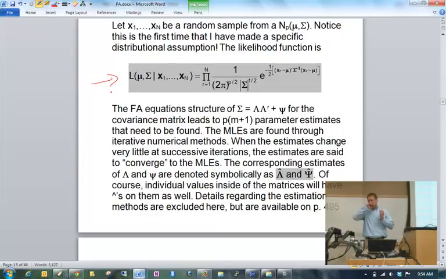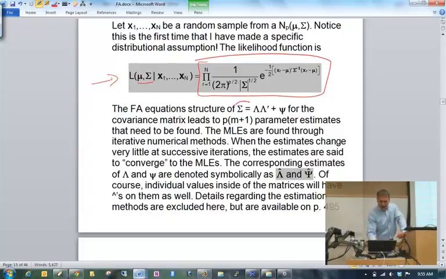If I can assume that x1 through xn is a random sample from a multivariate normal distribution, notice that this is the first time I've used a formal distributional assumption in any of the factor analysis stuff we've done so far. If I can make that assumption, then what is the likelihood function? If I write it first in terms of mu and sigma, it's just the product of n different multivariate normal distributions. That's it. Now, where does the factor analysis model part come in?